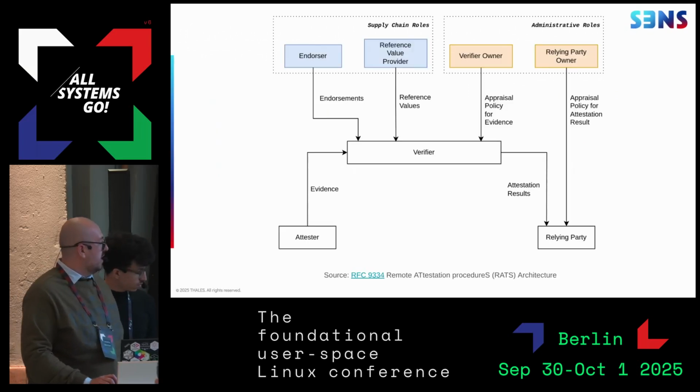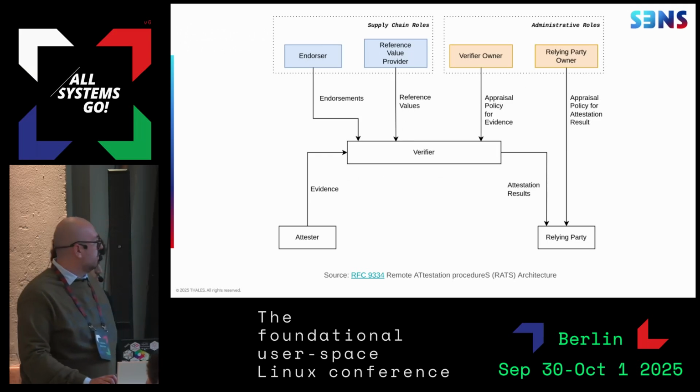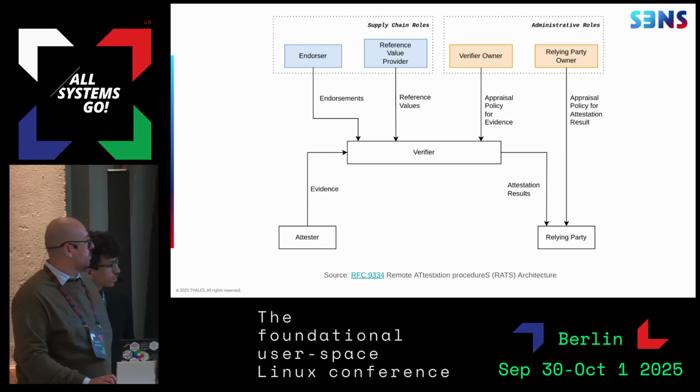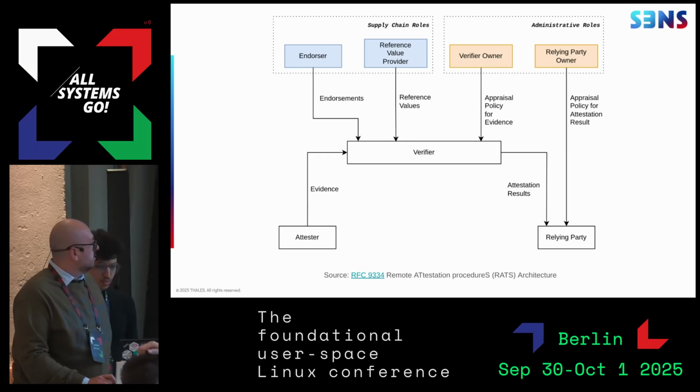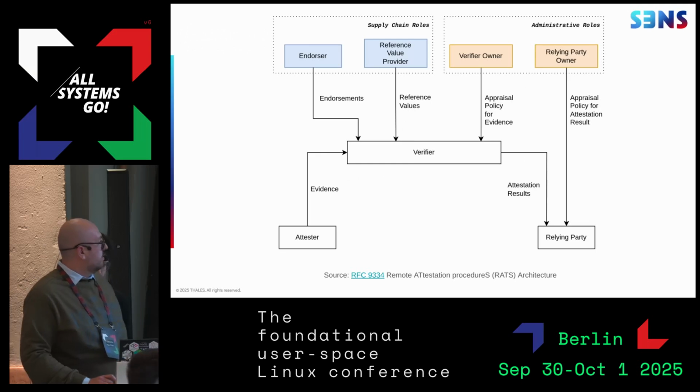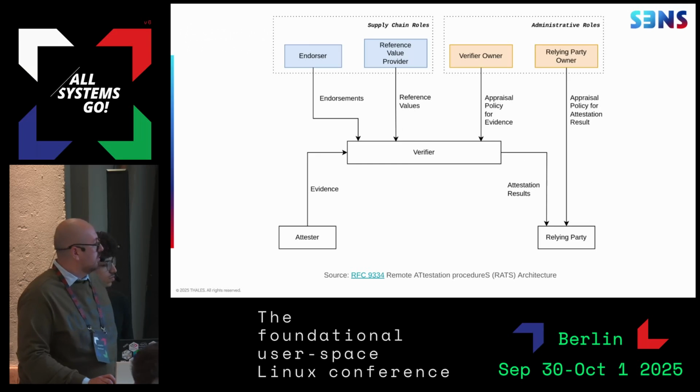This is defined by an RFC. The attester needs to provide evidence to the verifier. The verifier contains endorsements, reference values, and some policy to attest with the relying party.